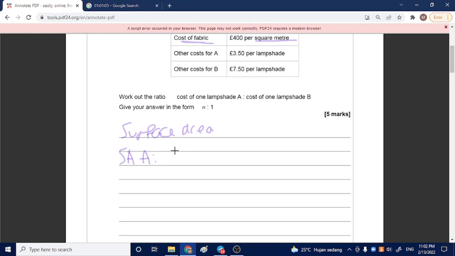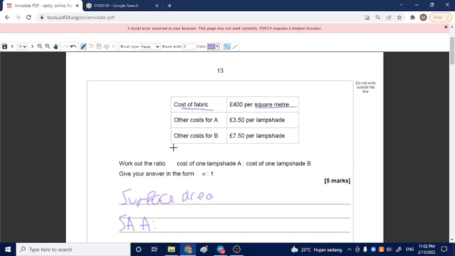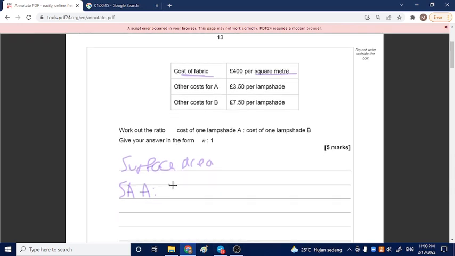The surface area of a cylinder would be its walls. Its walls is just a rectangle of length circumference of the circle of the base multiplied by the height. That would be 2 pi r h.